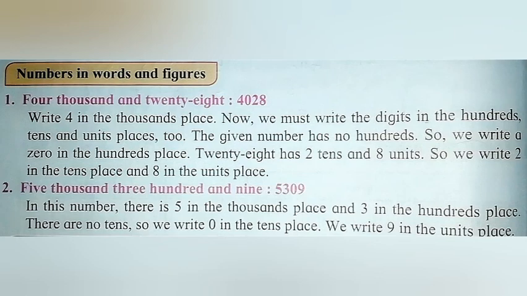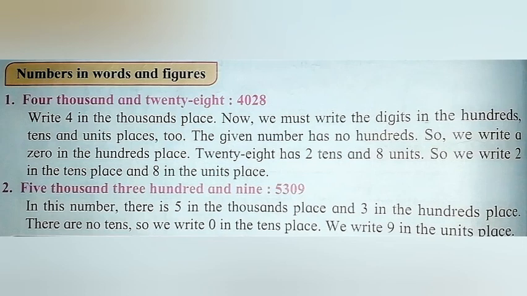Second question, 5309. In this number, there is a 5 in the thousands place and 3 in the hundreds place. There are no tens, so we write 0 in the tens place. We write 9 in the units place. In this question, 5 is in the thousands place, because the question only says 5309.